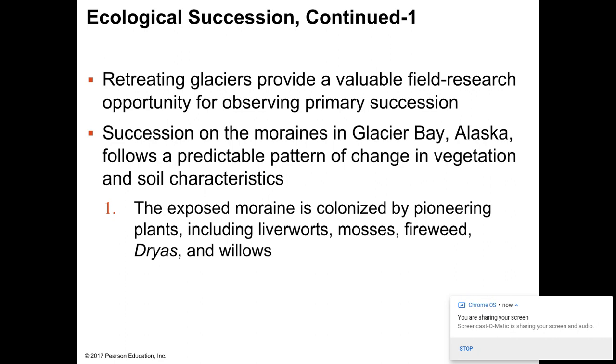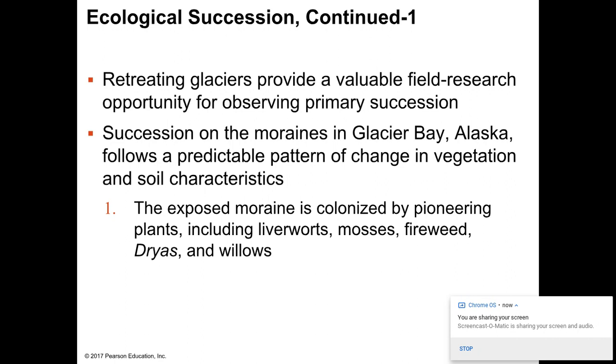We'll look at Glacier Bay in Alaska. The succession follows a very prescribed pattern, the same pattern that we see in all cases of succession, but we can put some specific organism names to the pattern.